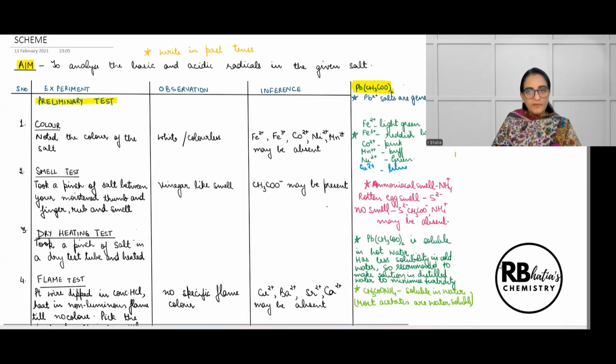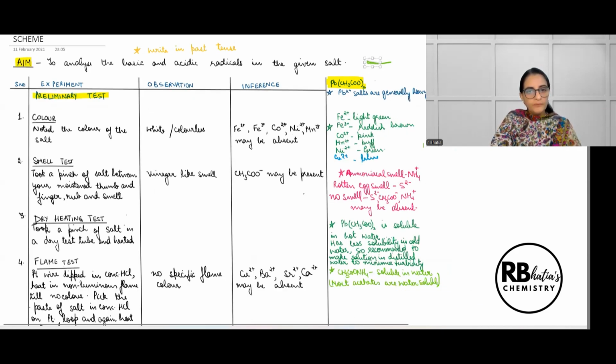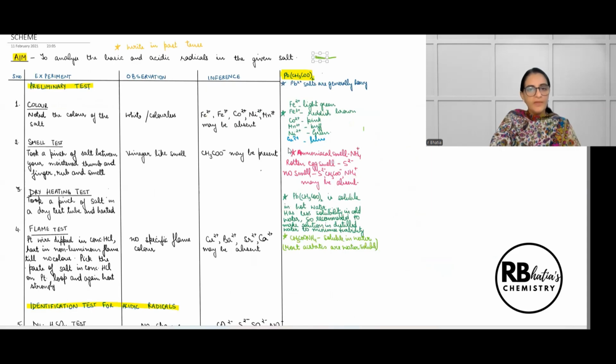Now, these are the instructions regarding salt analysis, children. You have to report it exactly the way you have done in your copies, in your practical files. In this case, I am giving you the example of writing down lead acetate.